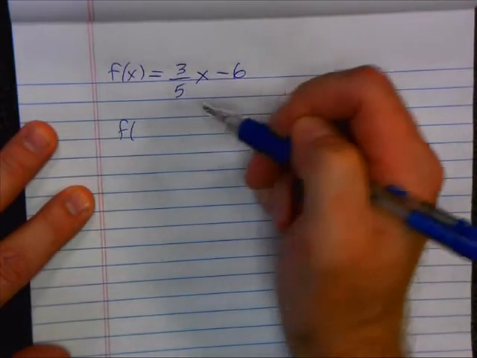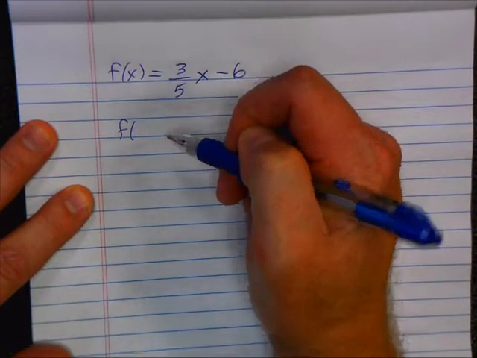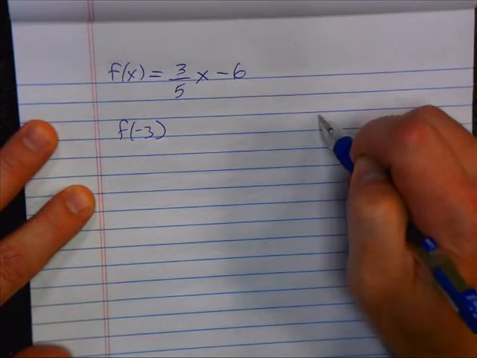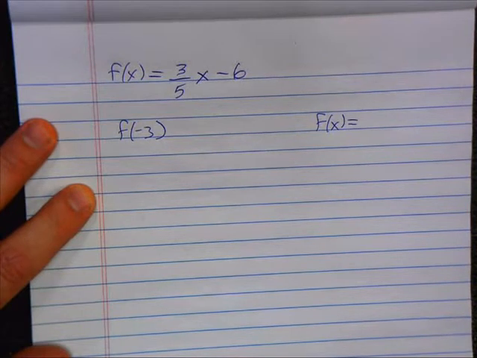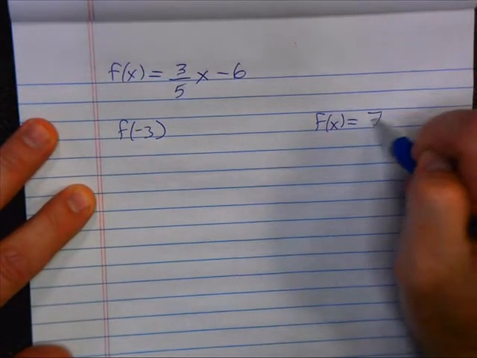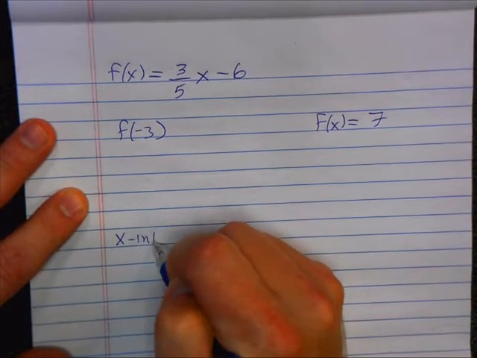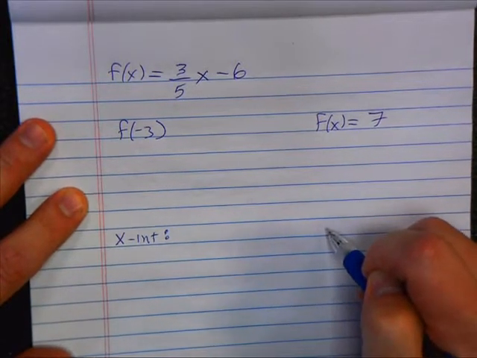That's one thing I want you to find. And then I want you to find f of x equals 7. And then I want you to find the x-intercept. And then finally, I want you to find the y-intercept. All right, so you work on those 4 things for a minute.